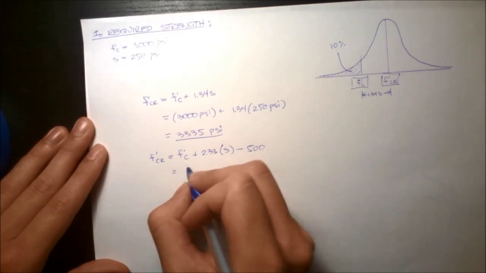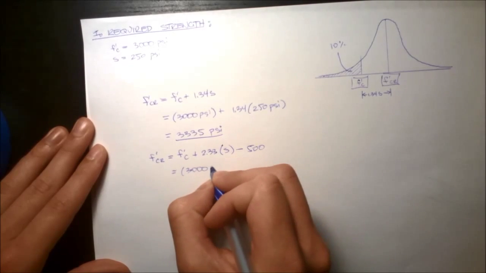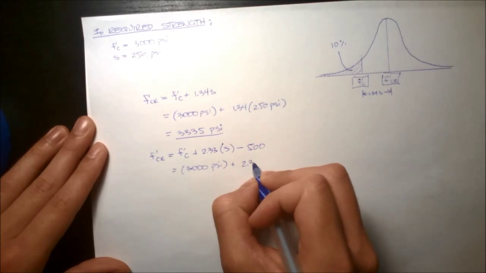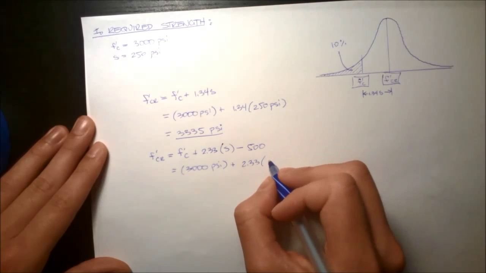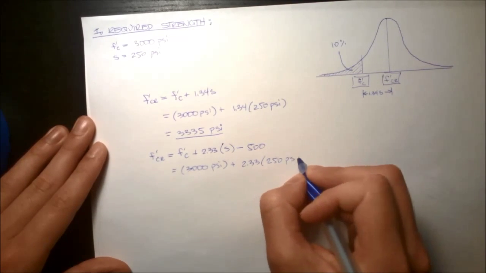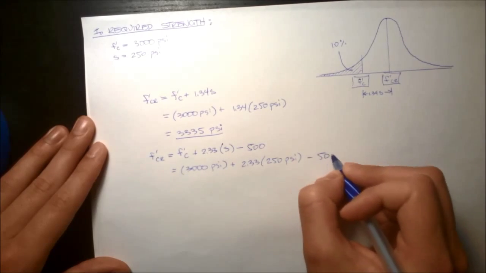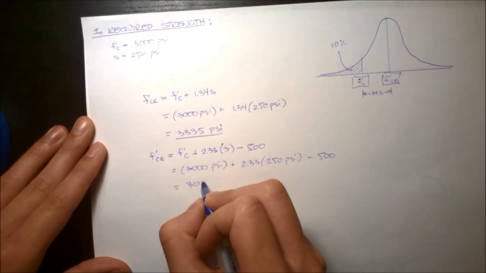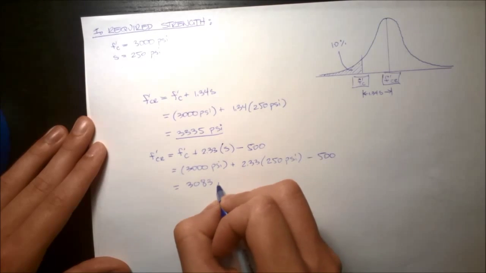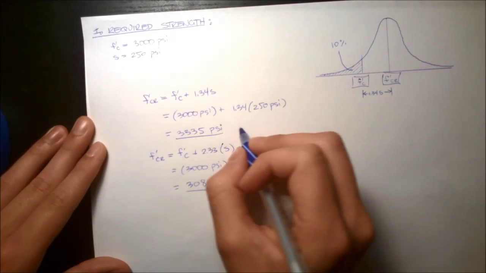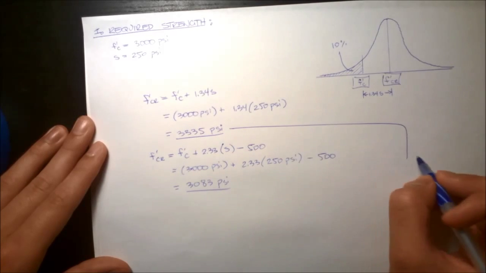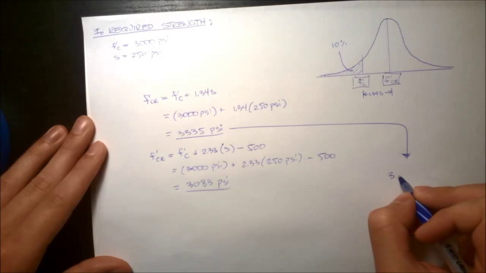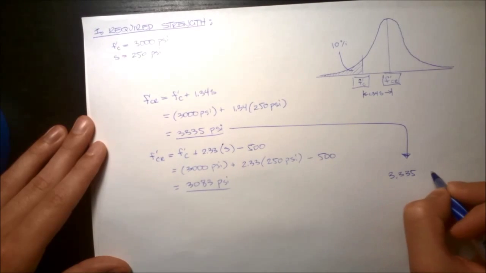In this case, that would equal 3,000 psi plus 2.33 times 250 psi minus 500, and that equals 3,083 psi. So the first answer is larger, and we'll use that as our required strength, 3,335 psi.